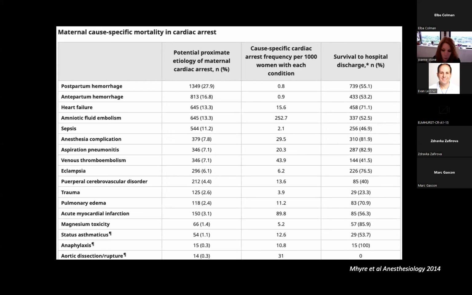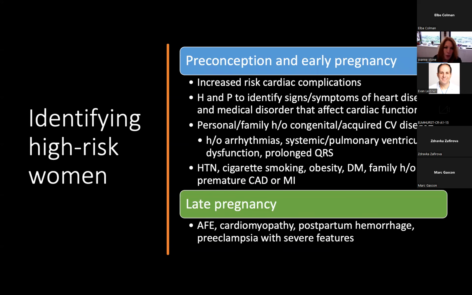of the cardiac arrest. So it's important for me as a maternal fetal medicine specialist to identify high-risk women, and then to involve subspecialists who can help lead a multidisciplinary care approach to the care of these patients. So preconception and early pregnancy, look for an increased risk for cardiac complications.